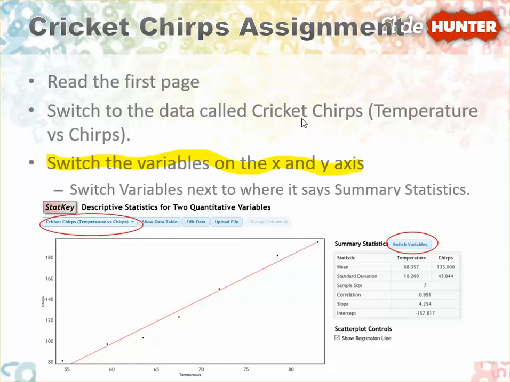So in order to do this, you want to go over to the right where there's summary statistics and switch variables. So make sure before you begin this assignment that we have temperature on the bottom and chirps up the side for our Cricket Chirps temperature versus chirps.